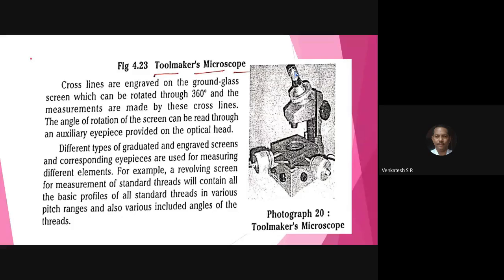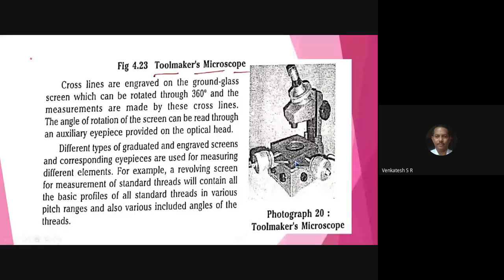All of you observe here, we have the same type of tool maker's microscope in our metrology lab. You can measure the thread profile by using it. All of you see here, this is the tool maker's microscope. This is the hollow base made of cast iron. Above that, there will be a table.